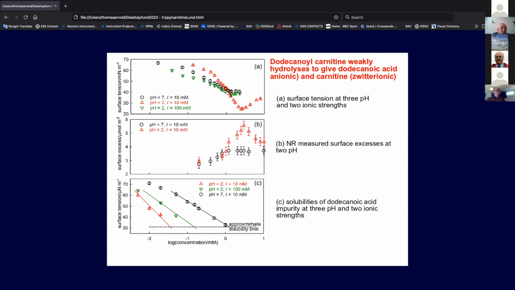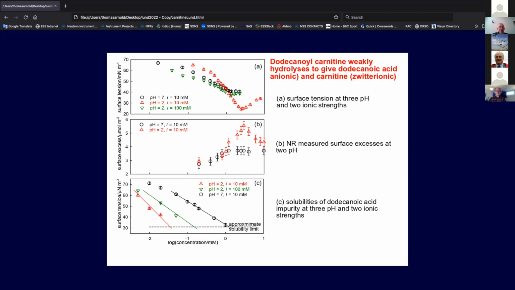So what happens when you measure the surface tension as you increase the concentration is you reach a point where there's sufficient dodecanoic acid that it occupies the surface. So what you have in A is the surface tension at pH 2 goes through a sharp dip. But then, of course, the surfactant micellizes and it solubilizes it and takes it back into solution. So that's the classic dip.